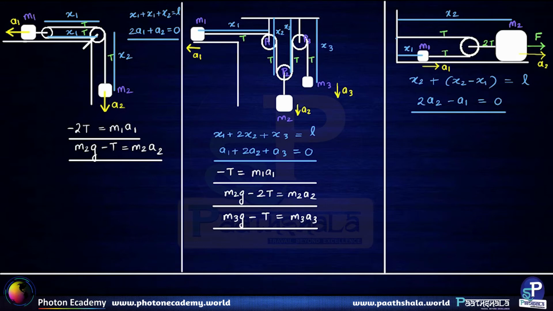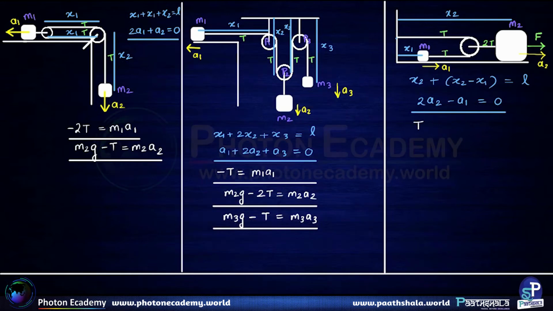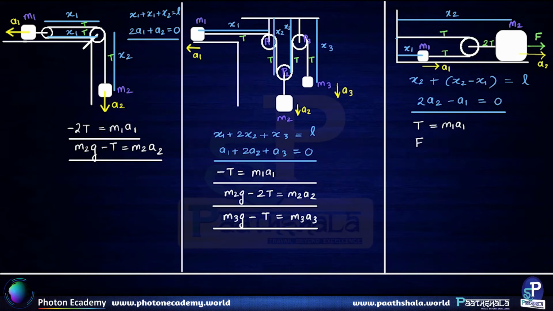Here for mass m1, we could write down T as the only horizontal force that is acting towards the right hand side. So T is equal to m1 a1, and F minus 2T. This is the net rightward horizontal force of the mass m2.